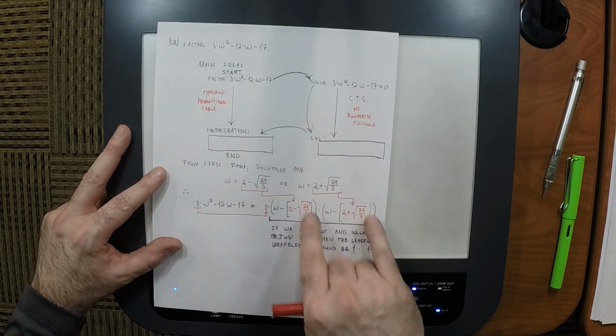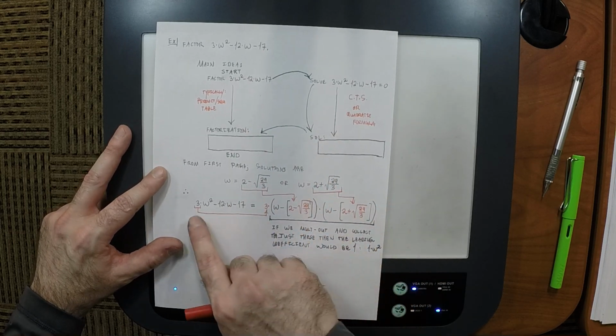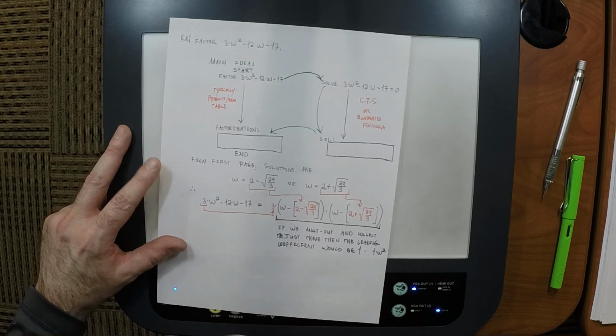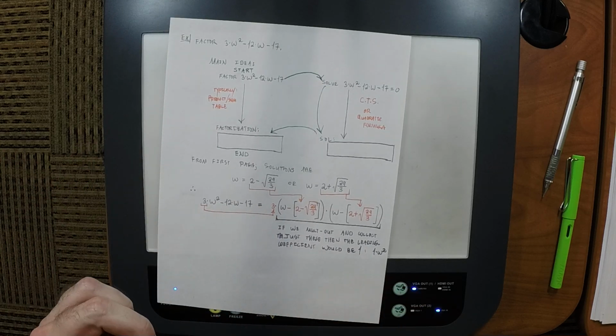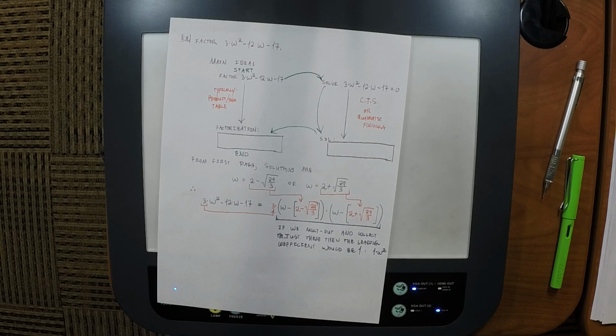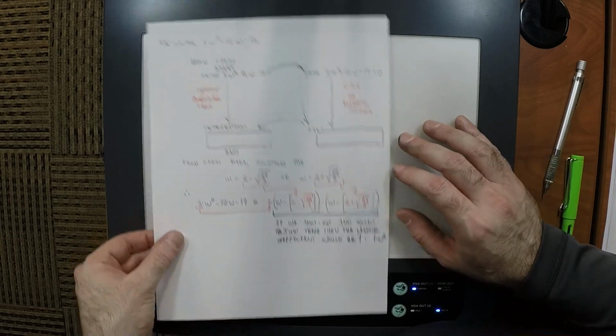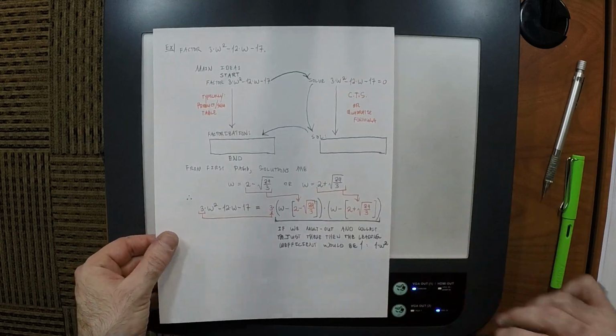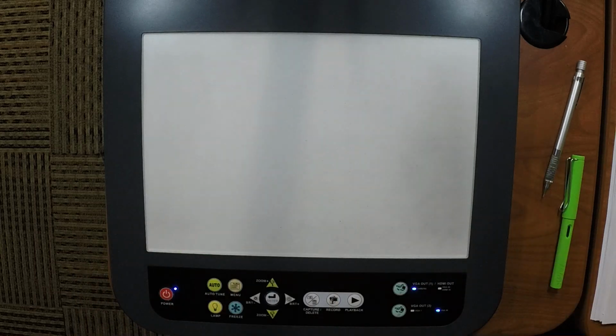So solving tells you what goes in there, and then you just take a look at that coefficient and you write it there. All right. Interesting. So that's the connection between factoring and solving.